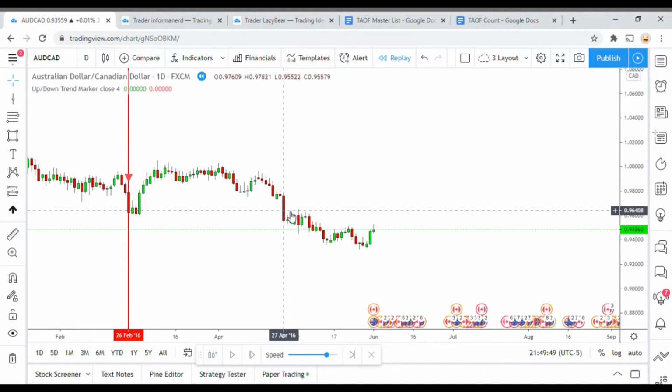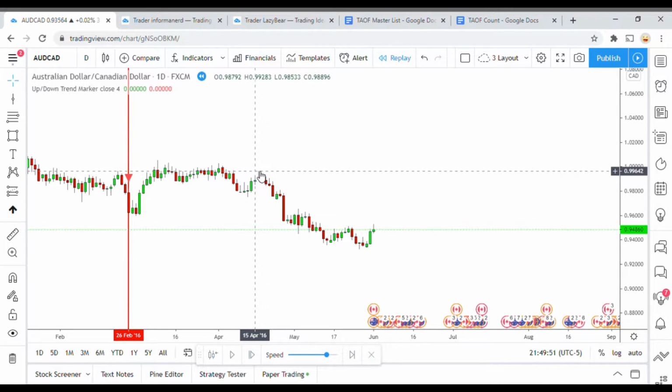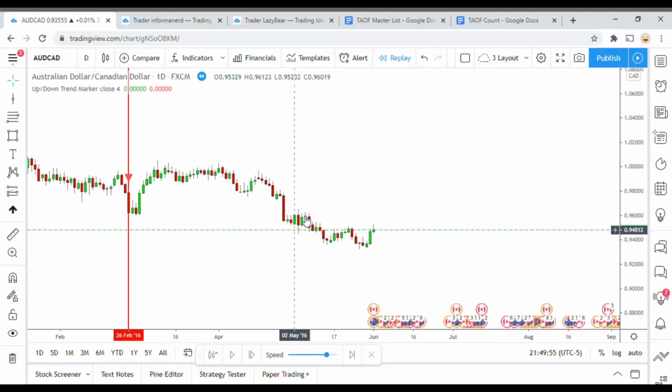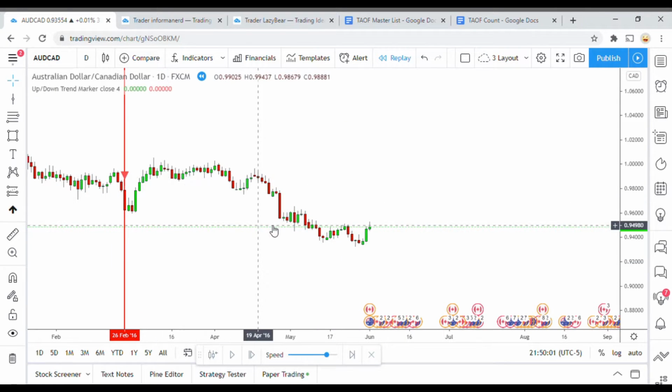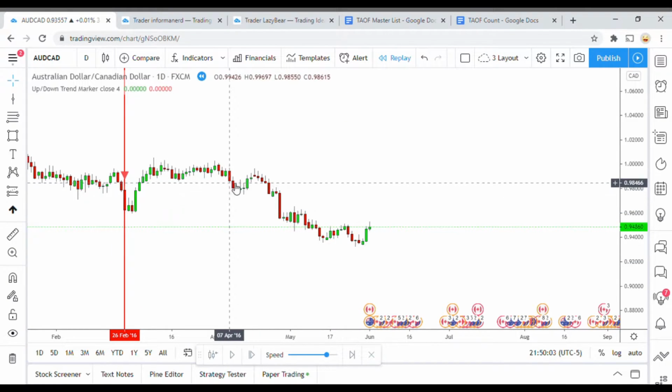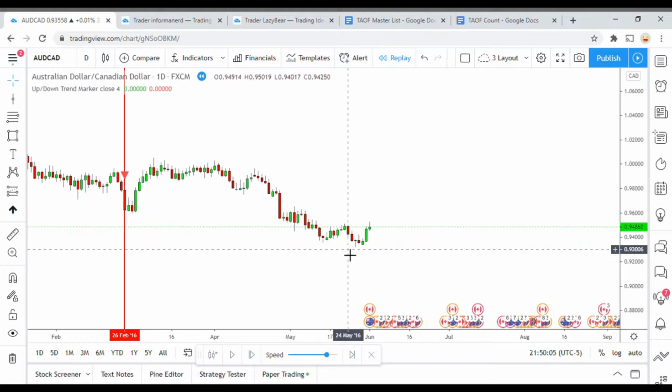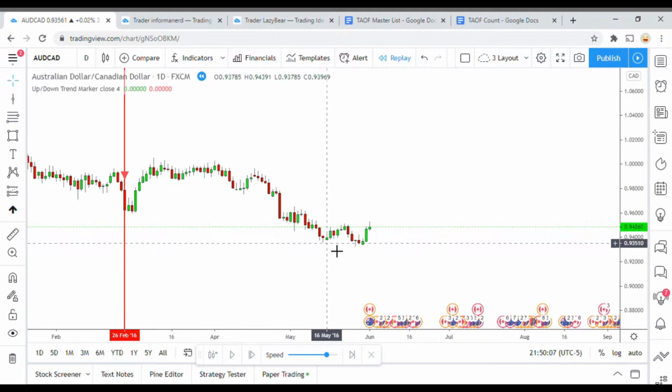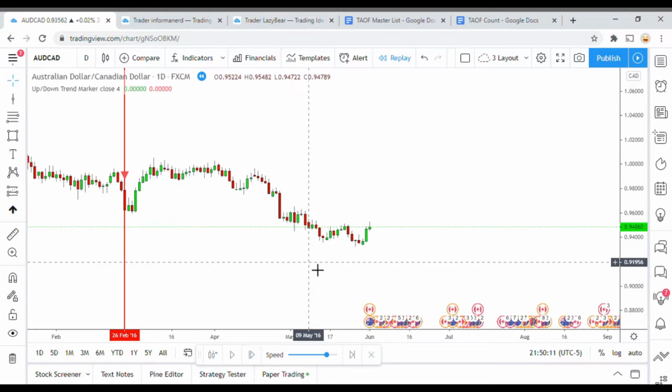And that's because we're at the end of an extended push downward. We've had at least 1, 2, 3 moves to the downside. It's not always in threes, but we're looking for at least 3 to get a really good confirmation.